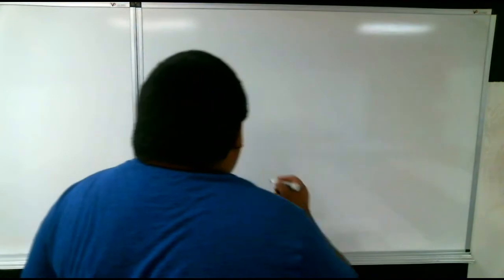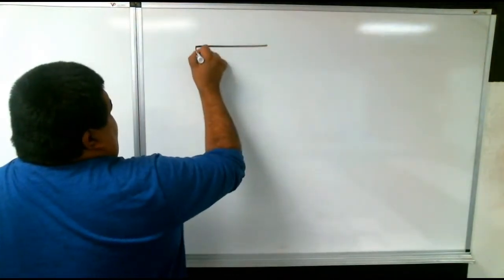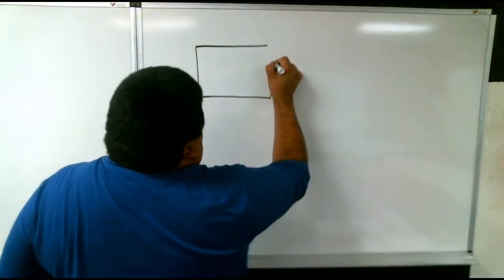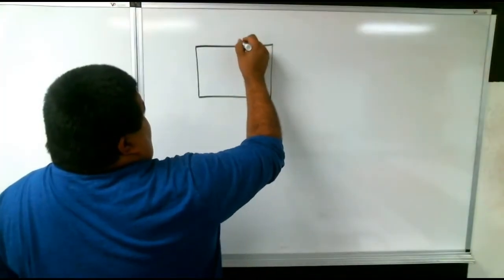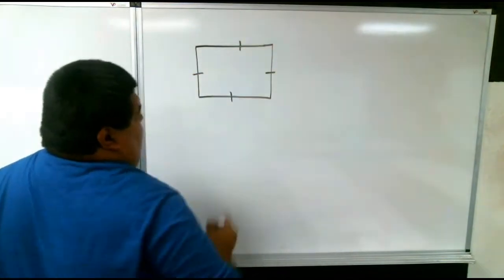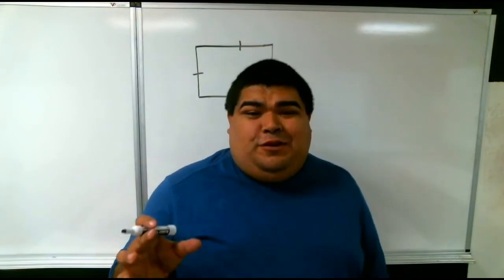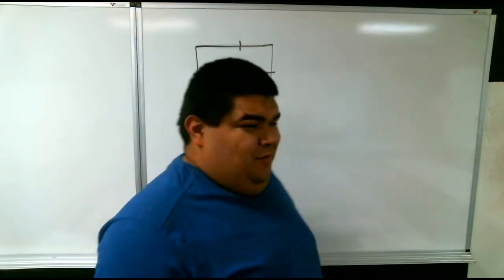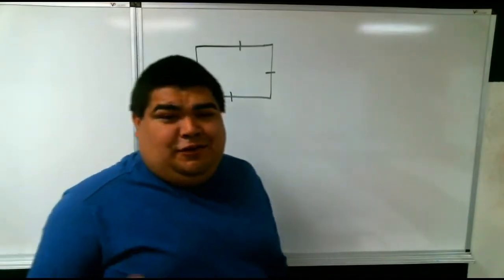All right, our first shape is a square. It might look a little bit wider from the sides. It's okay. That's why I put the lines, so we can symbolize that all the sides are the same.